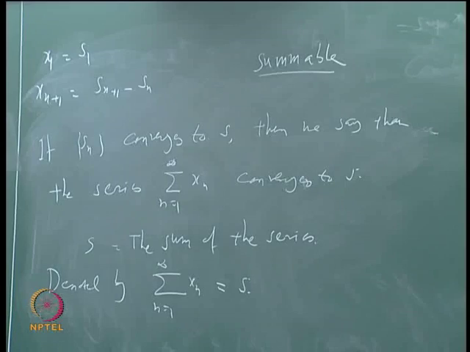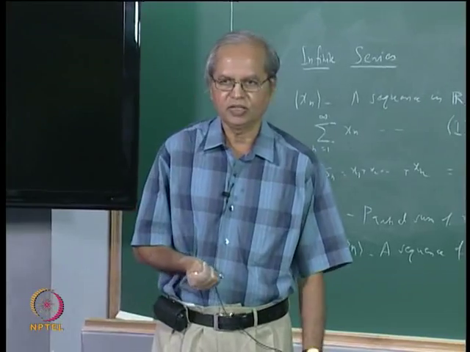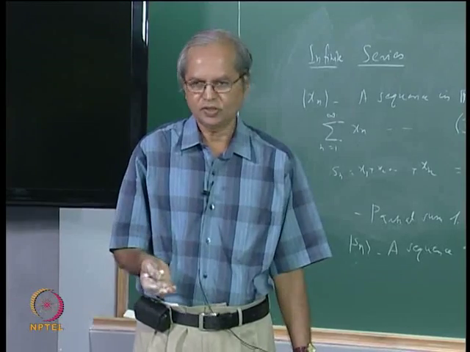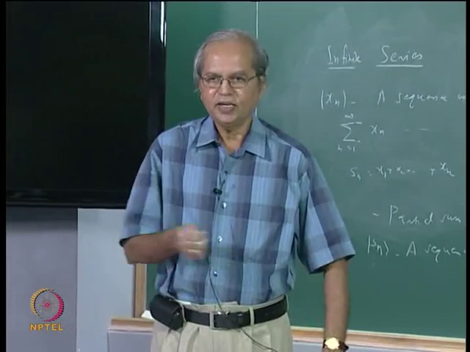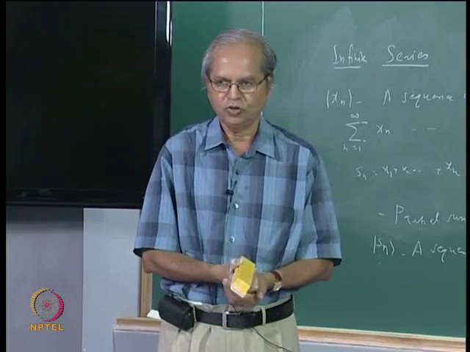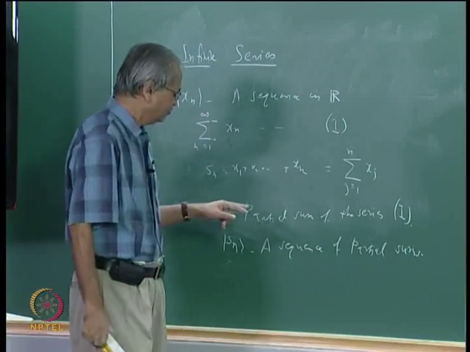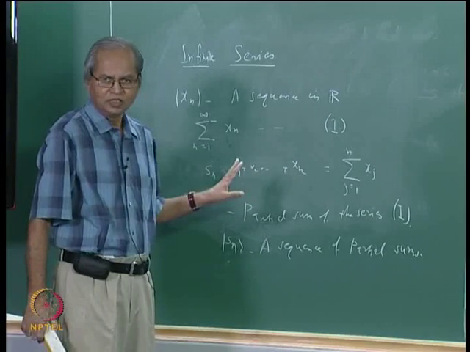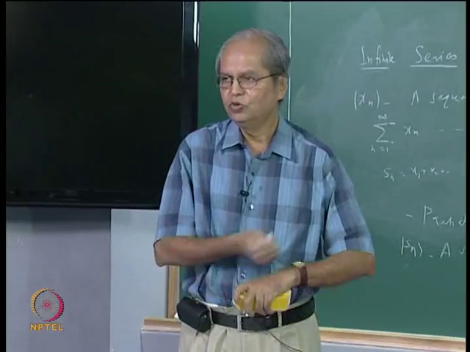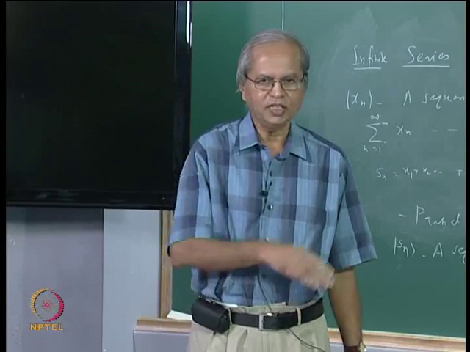Now we know that given any sequence, if you remove a finite number of terms from that sequence, the remaining sequence is also going to be convergent. If you add a finite number of terms to that sequence, either at the beginning or somewhere in the middle, that new sequence is also going to be convergent. So what follows from that about the series is that whether a series is convergent or divergent will not matter if you add a few terms to the series or remove a few terms from the series. The whole behavior depends on what happens for large values of xn.